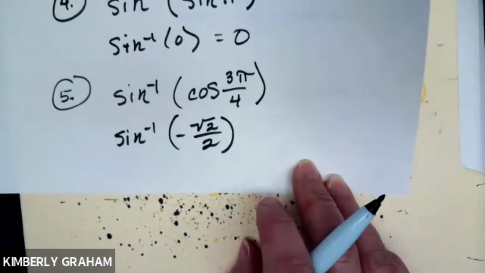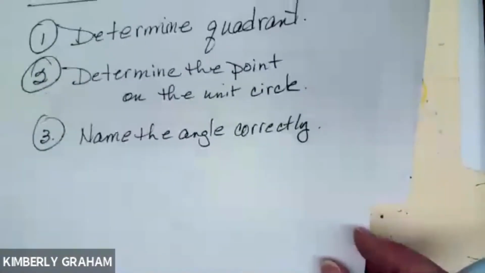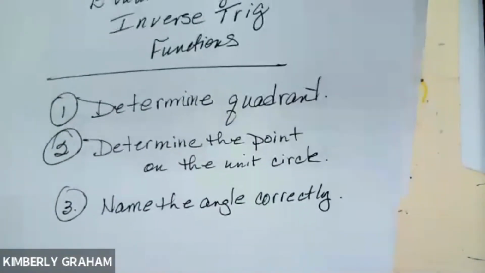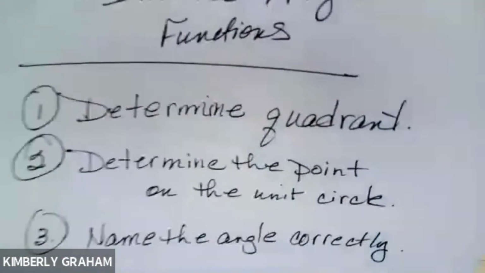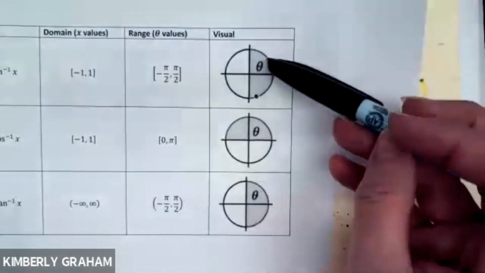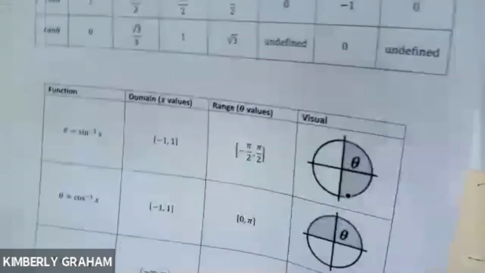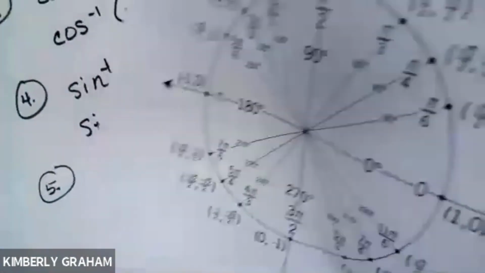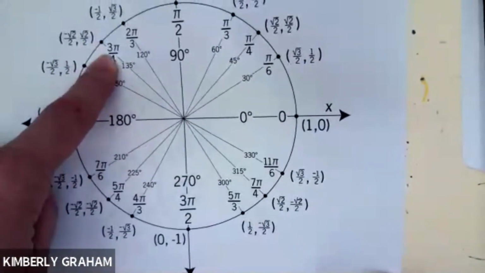Now I'm back to those 3 steps where I have to, first of all, figure out what quadrant I'm in. Anytime we're doing the inverses, I'm doing these 3 steps here. And sine inverse tells me that I'm either in quadrant 1 or 4. So I'm no longer over here at 3 pi over 4. Right?